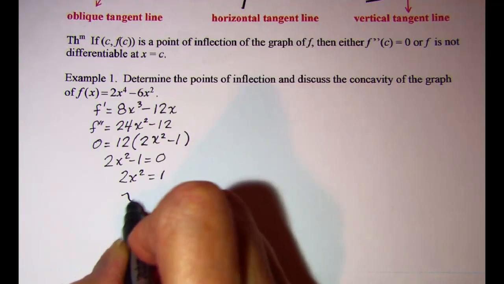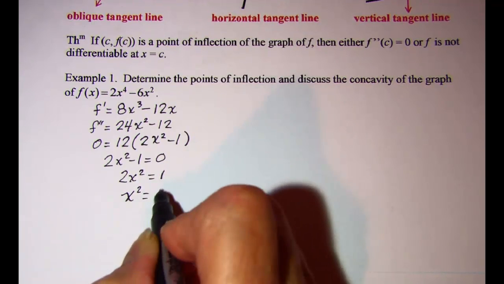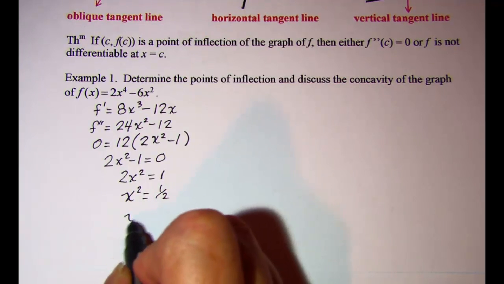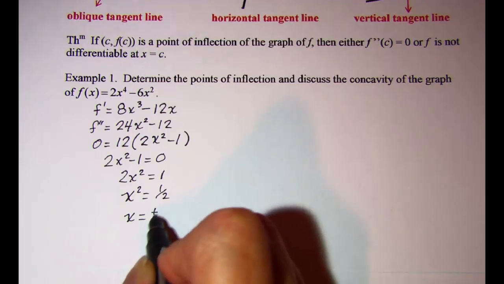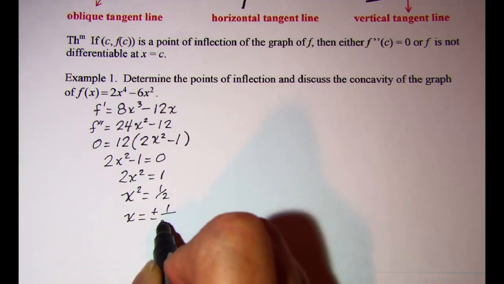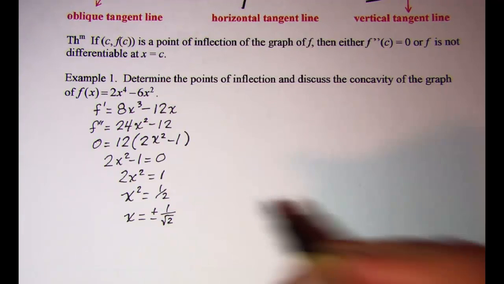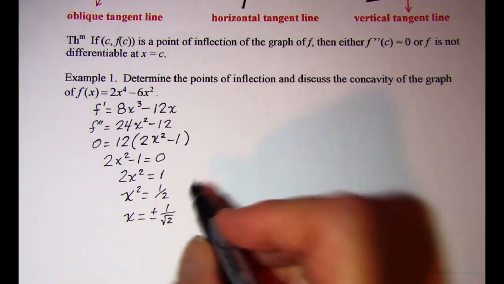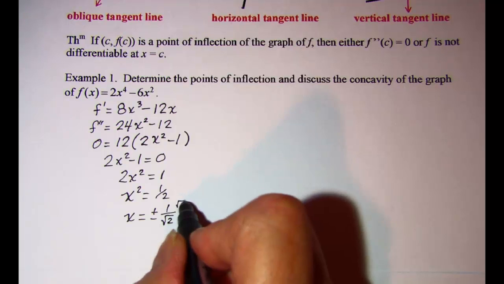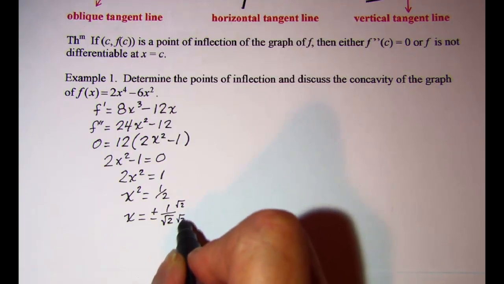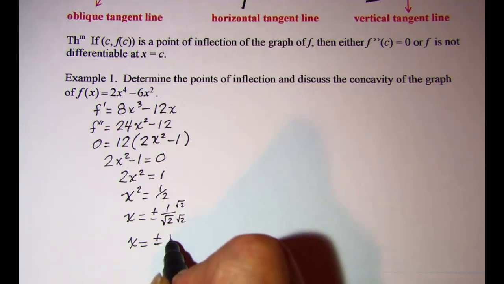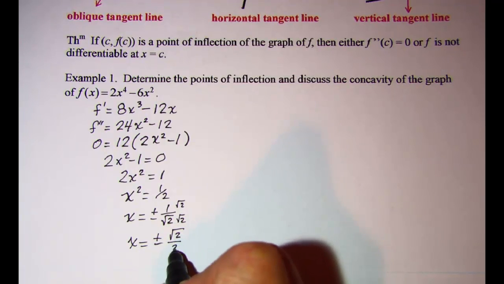So x squared is equal to 1/2, and x is equal to plus or minus 1 divided by the square root of 2. This is the same as x equals plus or minus root 2 over 2.